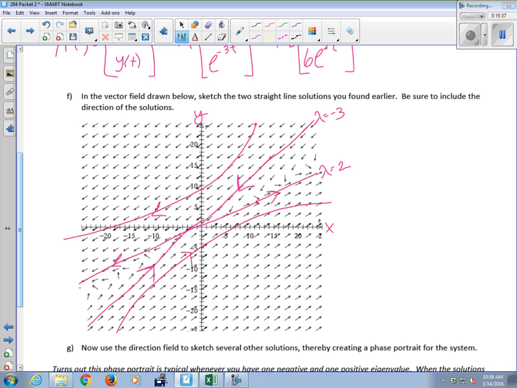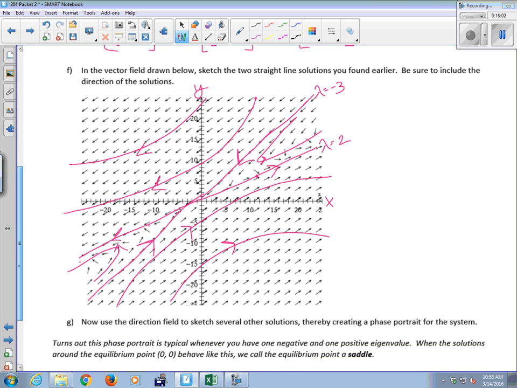And in between, in the skinnier part, they kind of go like this. They kind of look like hyperbolas, I guess. So that's what the phase portrait looks like.